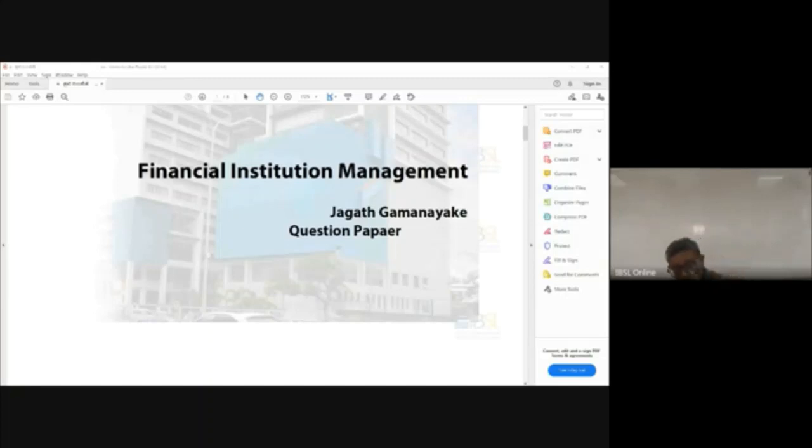So in the value chain process, we identify two types of activities. One is primary activities, other one is supportive activities. Can you remember the diagram, Michael Porter's one? If you can draw that one, you can explain, right? So what are the primary activities?